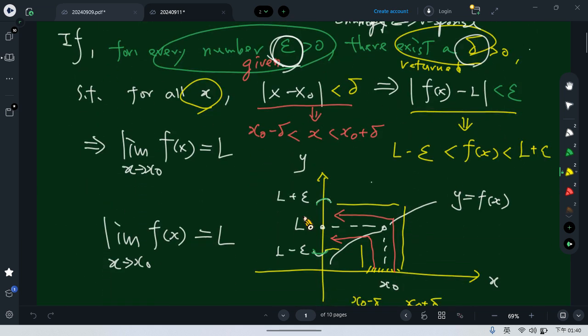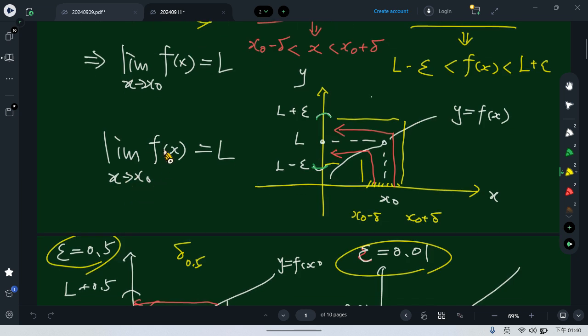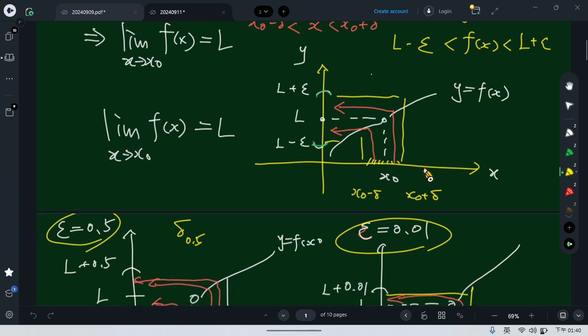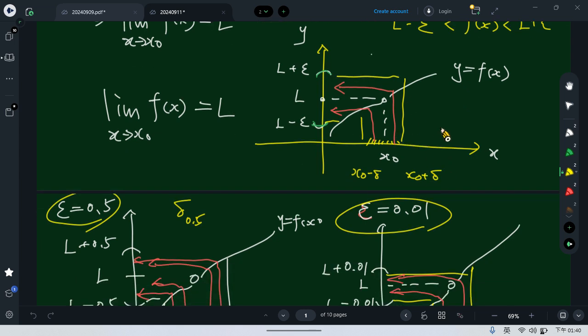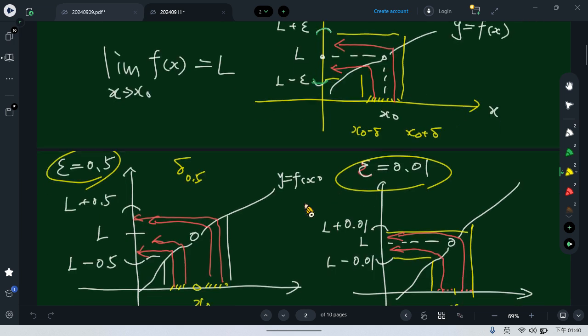Then we say limit as x approaches x0 of f of x is L. I know this is really hard if it's your first time to understand, but this is also very important for calculus because limit is a very fundamental concept for differentiation and for integration. So how do we describe the close property? We can use the precise definition here.